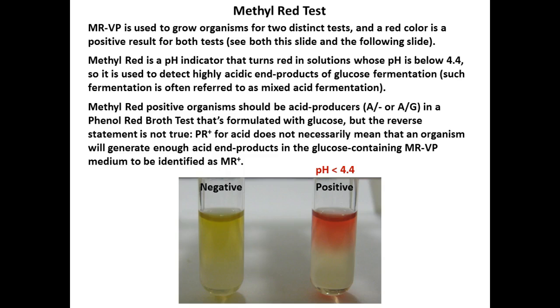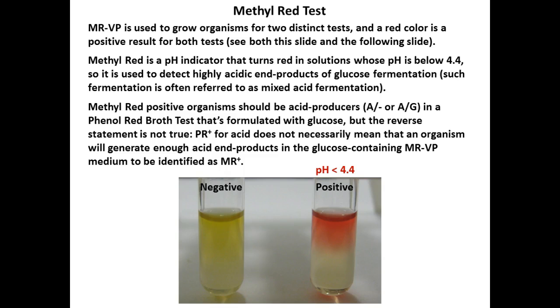Because, again, 4.4 is a very low acidic level. So in the case of methyl red positive, right, if it has a very low pH, 4.4, in the methyl red test, chances are it's also going to be positive and produce acid in the phenol red test, because again, that's only a very slight acid production you need to be positive.